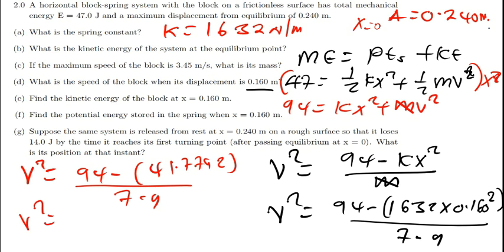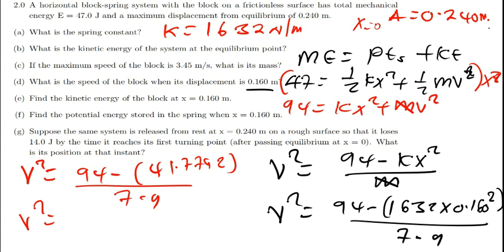So v squared will be equal to 94 minus 41.7792. So I'm getting on top there 52.2208. I divide this by 7.9. So now I'm getting 6.6.